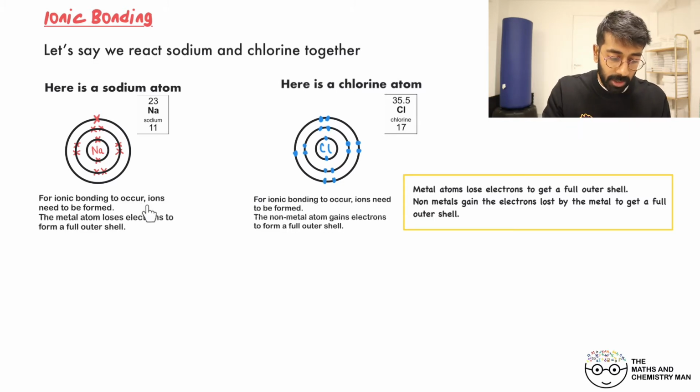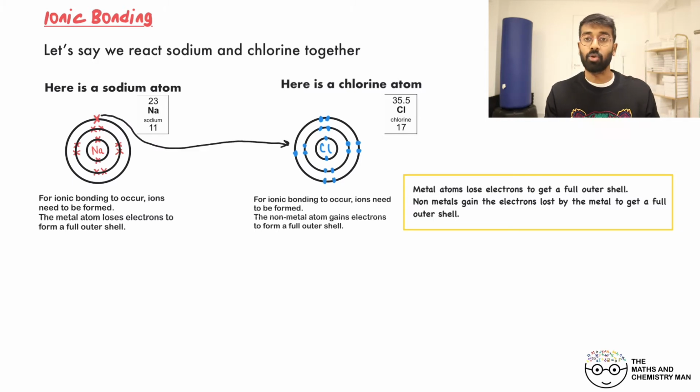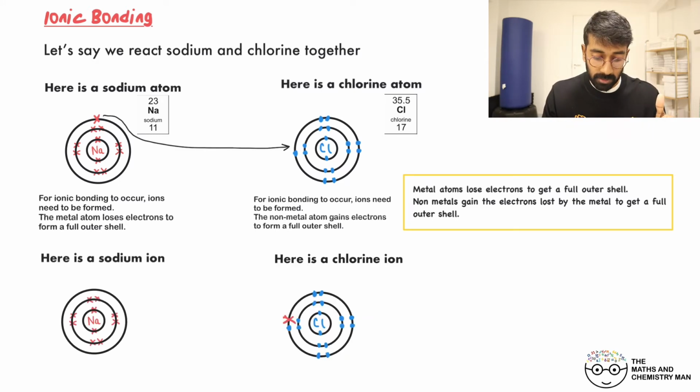Now, for ionic bonding to occur, ions need to be formed. That's what is formed when these lose or gain electrons. The metal atom, as we already said, loses electrons. So this outer electron here is going to make its way over to the chlorine. That electron is transferred across to the chlorine. When that electron escapes and goes to the chlorine, you're left with what we call a sodium ion.